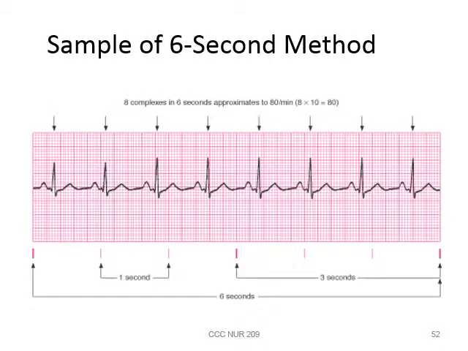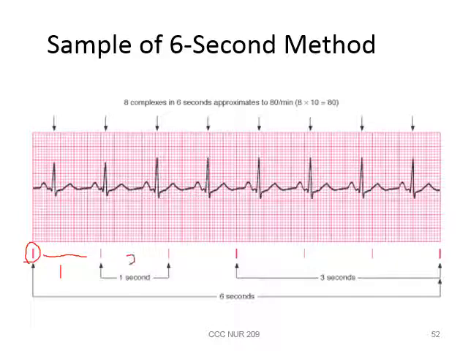Here is a 6-second rhythm strip, and we determine 6 seconds by the markers at the bottom of the strip. They can be at the top, but this one's at the bottom. So the distance from this marker to this marker is 1 second.